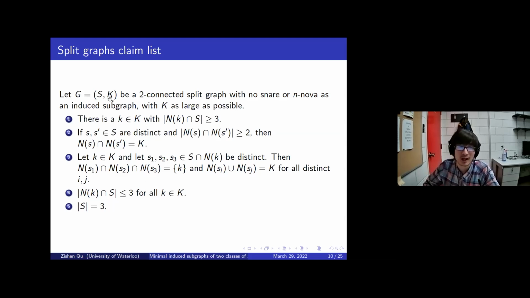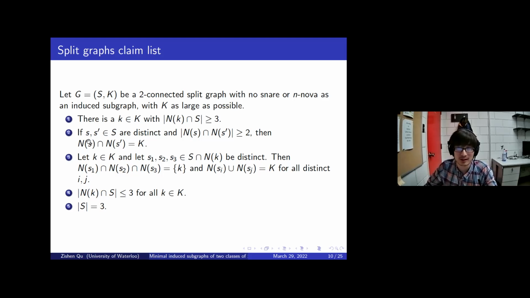Okay, to set it up, you take G, S K, a two connected split graph with no snare or n nova as induced subgraph, with K as large as possible. So the clique, there's no vertex in the stable set that's adjacent to all of the clique. That's all that means. So we proved this with 5 claims. First, there's a vertex in the clique such that there's at least 3 neighbors in the stable set.